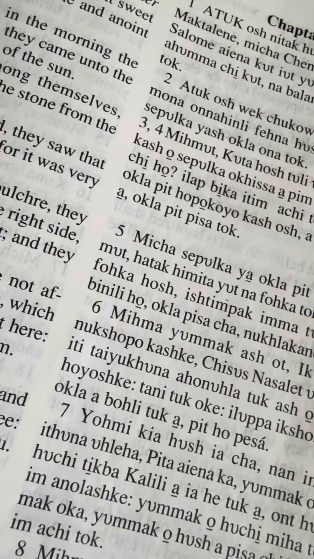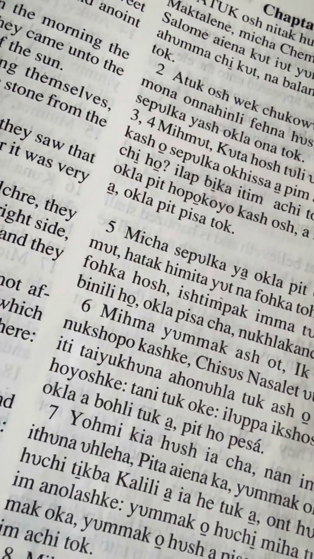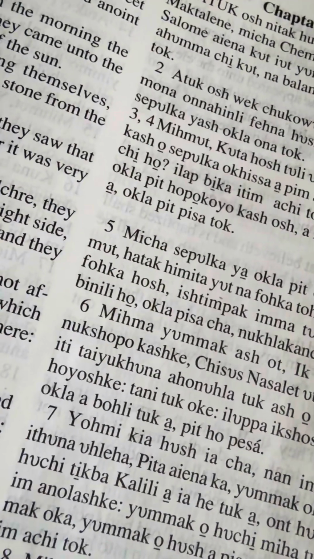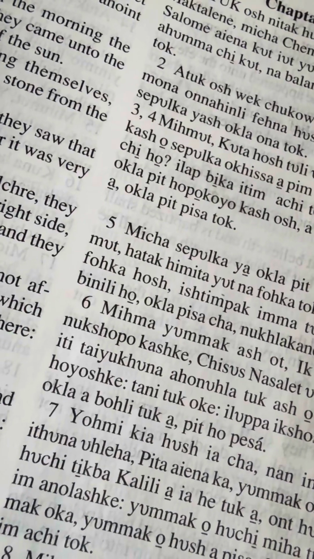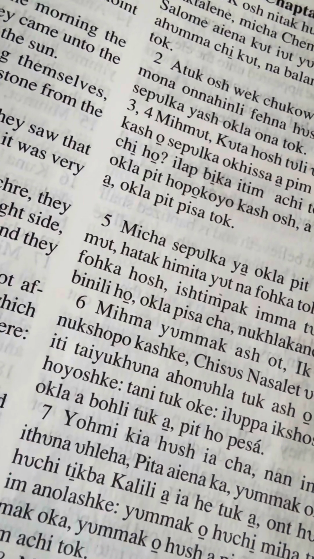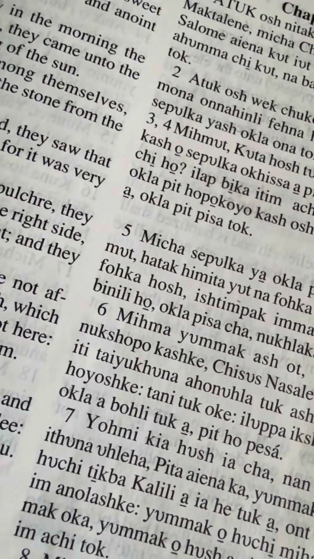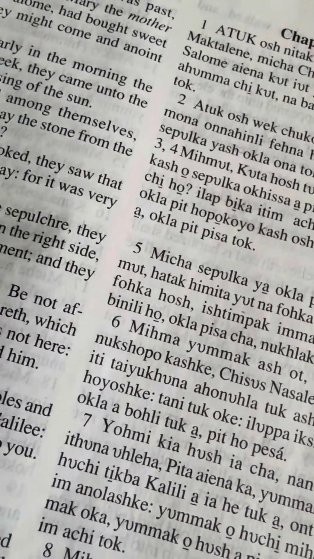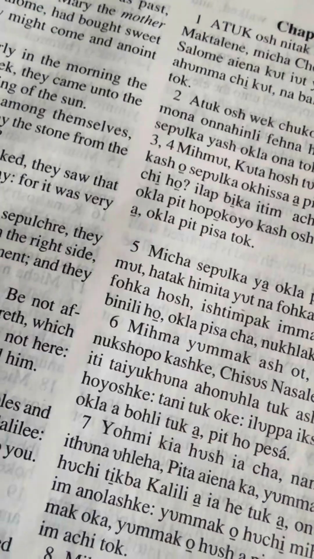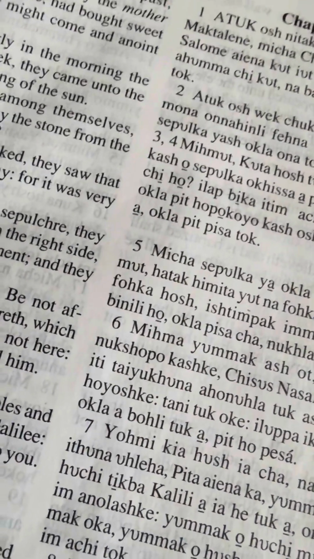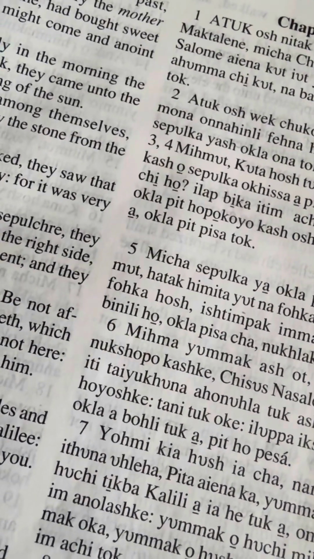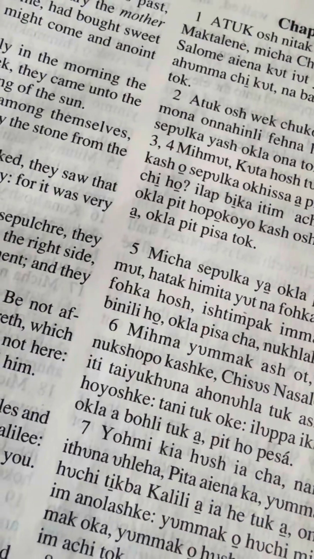So the word Y, right, because it's a word, just like many of these other letters, they go into Hebrew. So when you look at this Choctaw Bible, when you look at the Choctaw language, it's basically Hebrew.